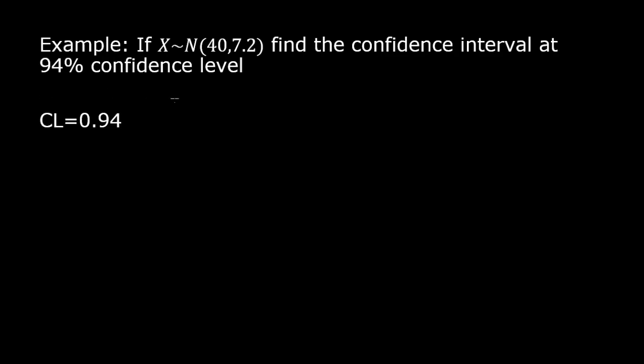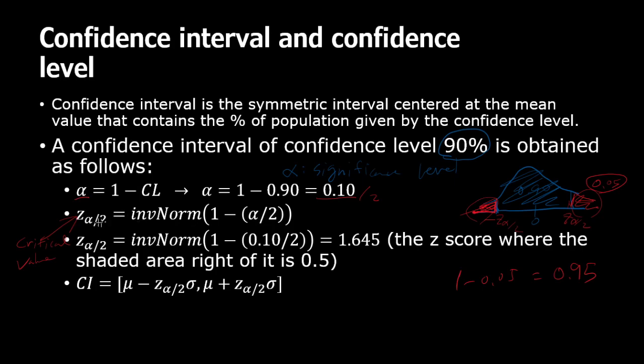And first, the confidence level is 0.94, and therefore you calculate alpha as 1 minus 0.94, which is equal to 0.06. And then once you have that, you go back to the formula, which is the critical value being inverse norm of 1 minus alpha over 2.